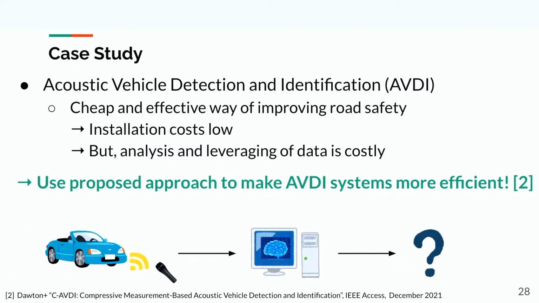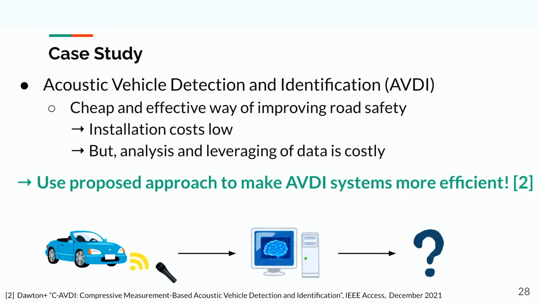Now all of that is out of the way, I think it might be quite interesting to have a look at a case study, how we use this approach in the real world. The application that I looked at is acoustic vehicle detection and identification. As the name suggests, it's using microphones to detect and identify vehicles based on their sounds. It's useful because it's a cheap and effective way of improving road safety.